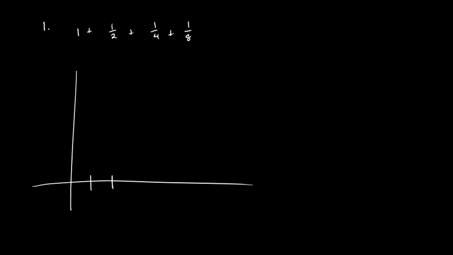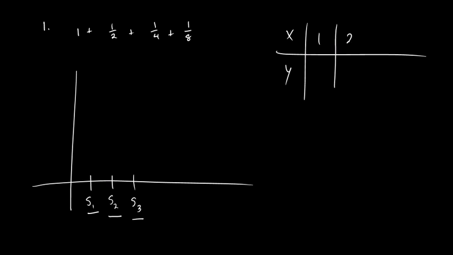Alright, so let's look at a graphing example for a sum. This would be number 1 on your packet: 1 plus 1/2 plus 1/4 plus 1/8. Given a graph, I'm looking at S sub 1, S sub 2, S sub 3. That means I'm adding 1 term, 2 terms together, 3 terms. So if I were to do my XY chart, 1 term, 2 terms, 3 terms, 4 terms. If I just had 1 term, my Y value is 1.